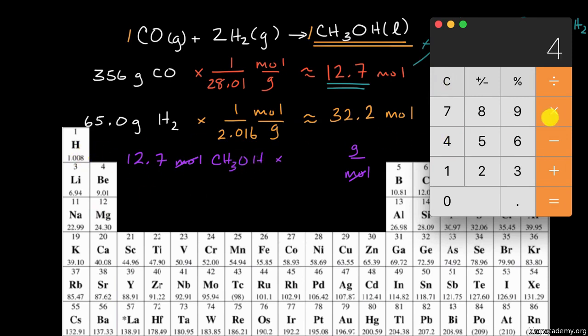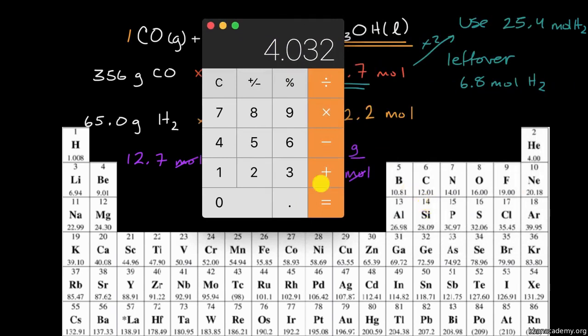So 4 times 1.008 is going to be that. And then to that, we're going to add the molar mass of carbon, because we have 1 carbon, plus 12.01, and then plus 1 oxygen in that methanol molecule is equal to that. And let's see, we will round to the hundredths place because our oxygen and carbon molar masses only went to the hundredths place here.